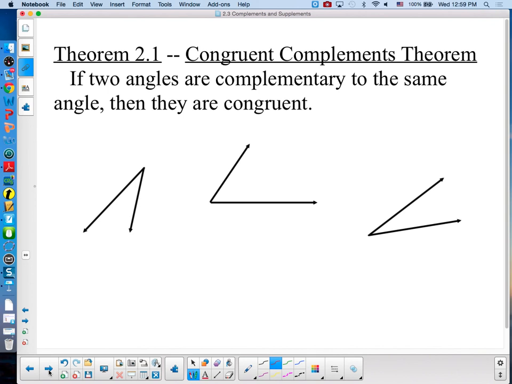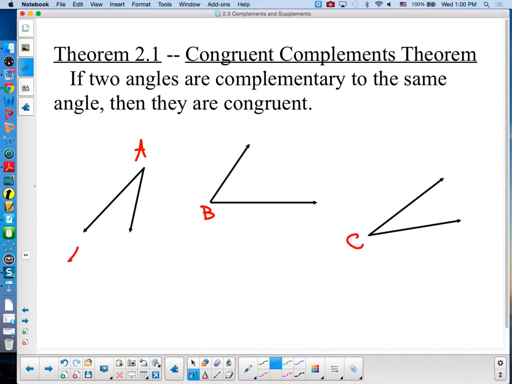So I've got some angles up there so that we can build an example. Let's label the angles A, B, and C. And we're going to make two angles complementary to the same angle.